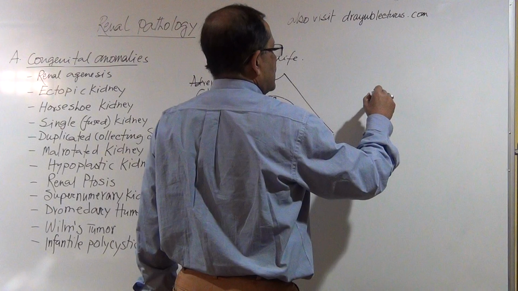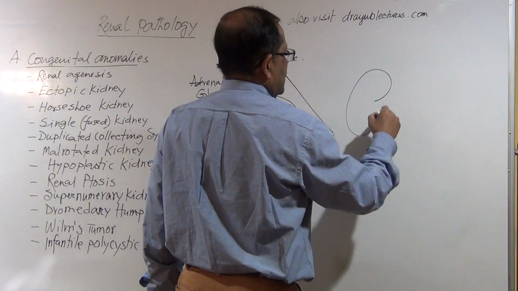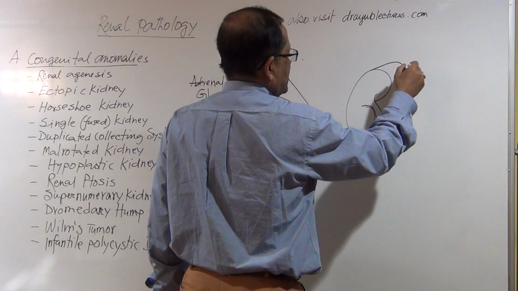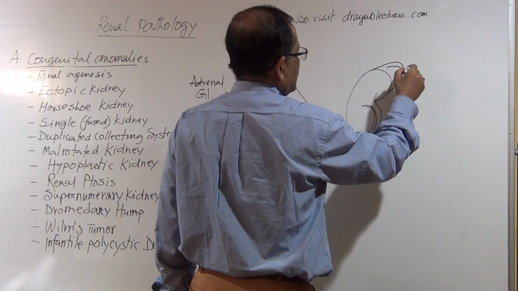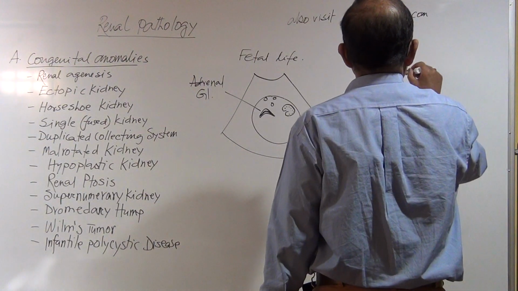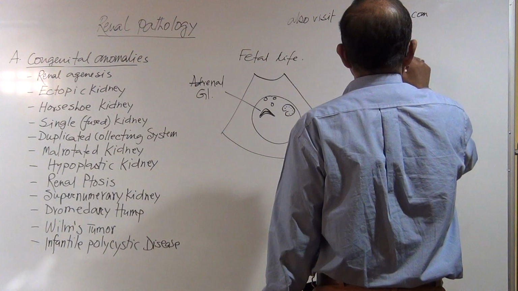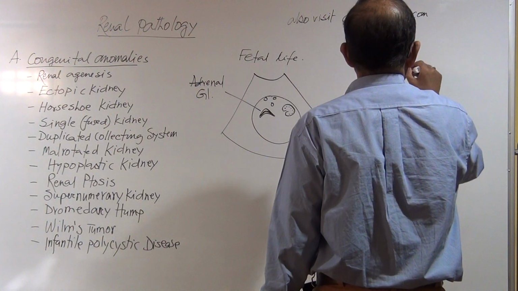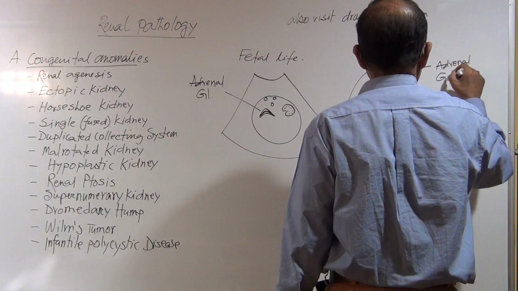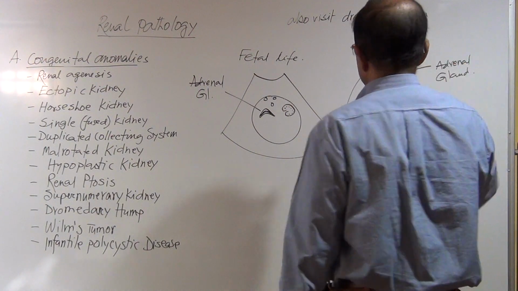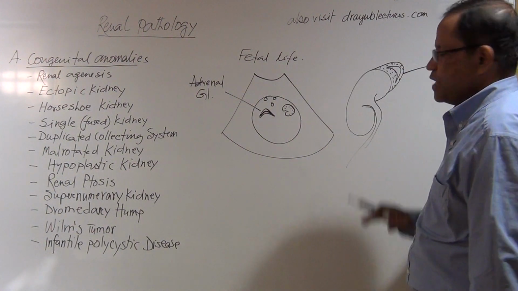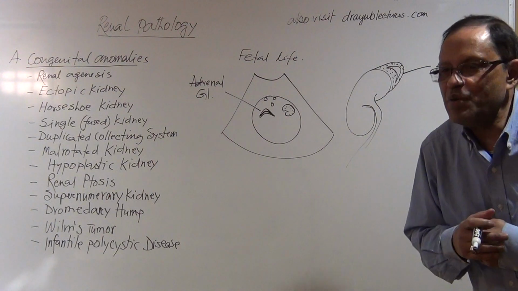Because on top of the kidney there is an adrenal gland. So if the kidney is absent, the adrenal gland will say, oh my God, there is so much space for me.